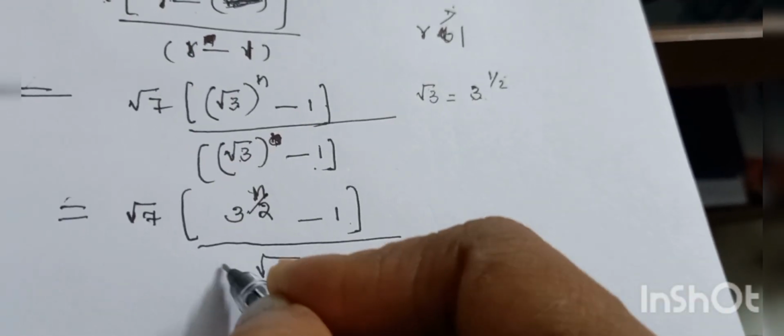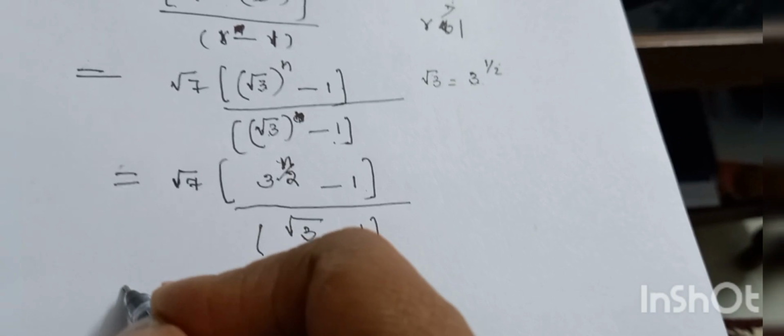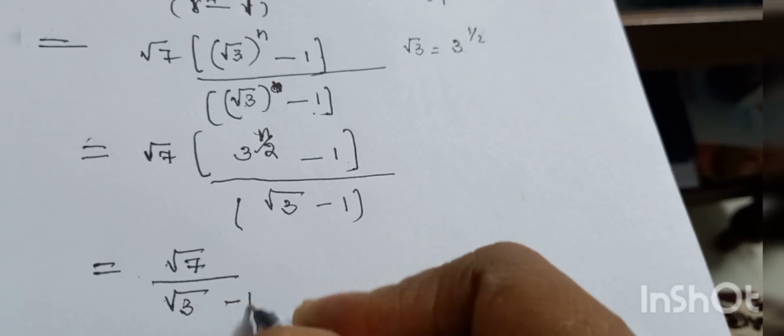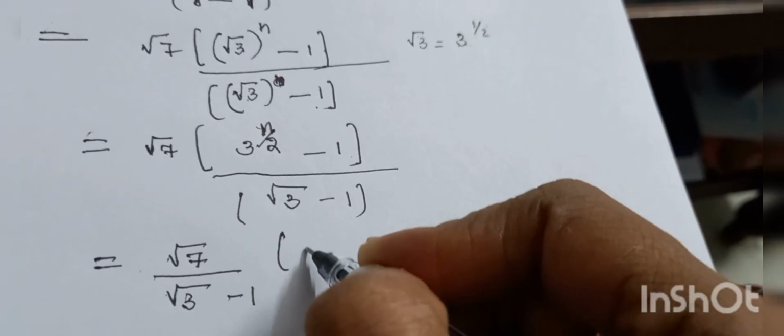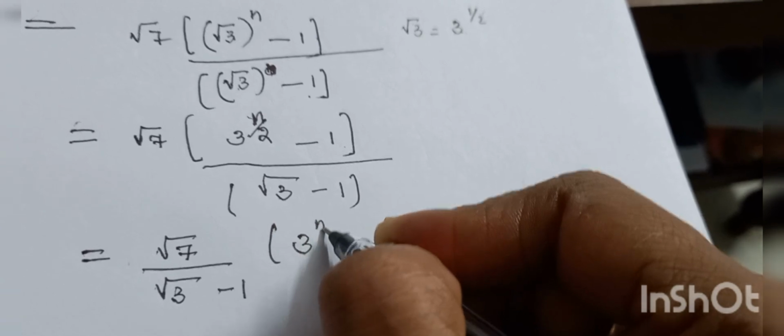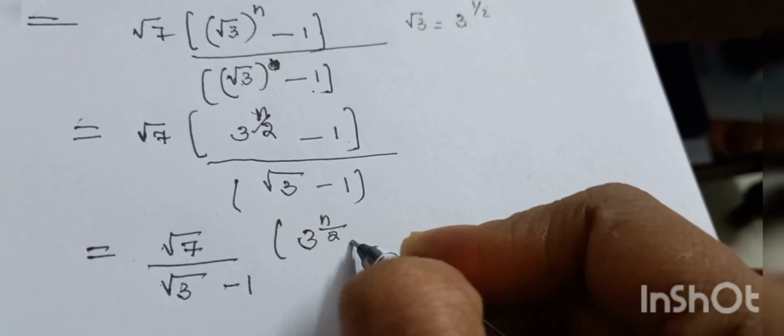Root 3 minus 1. So next step we can write root 7 divided by root 3 minus 1 in bracket 3 to the power n by 2 minus 1. So we can rationalize the denominator.